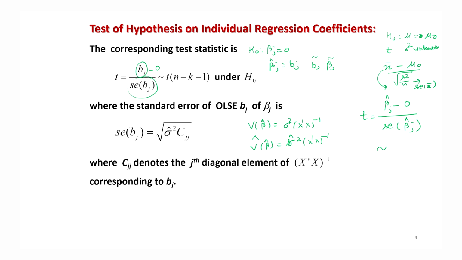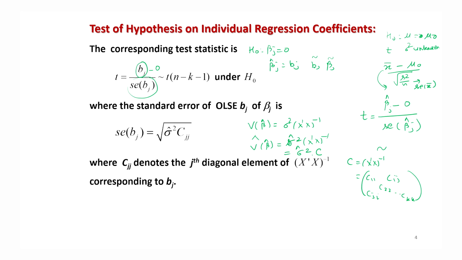Now, this is sigma square hat into some matrix C, where C is x transpose x whole inverse, with C11, C22, up to CKK on the diagonal, and Cij and Cji in the off diagonal elements.